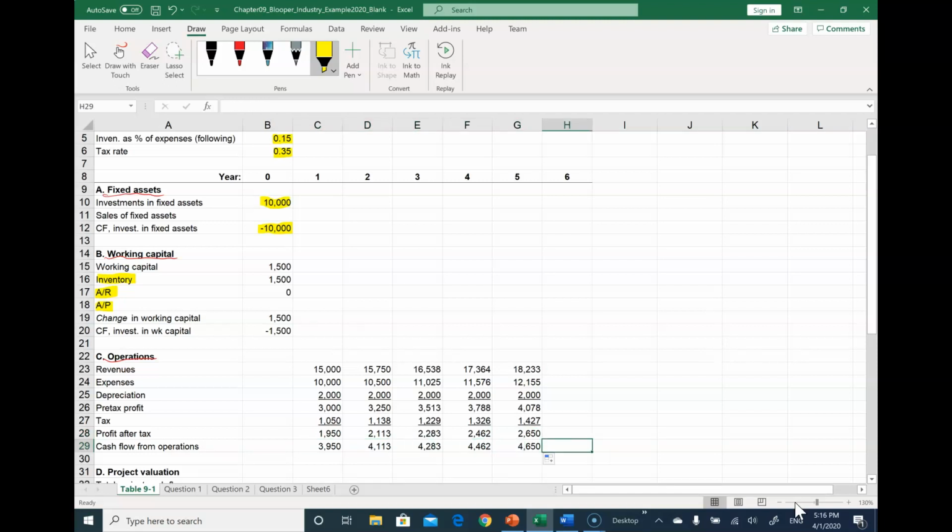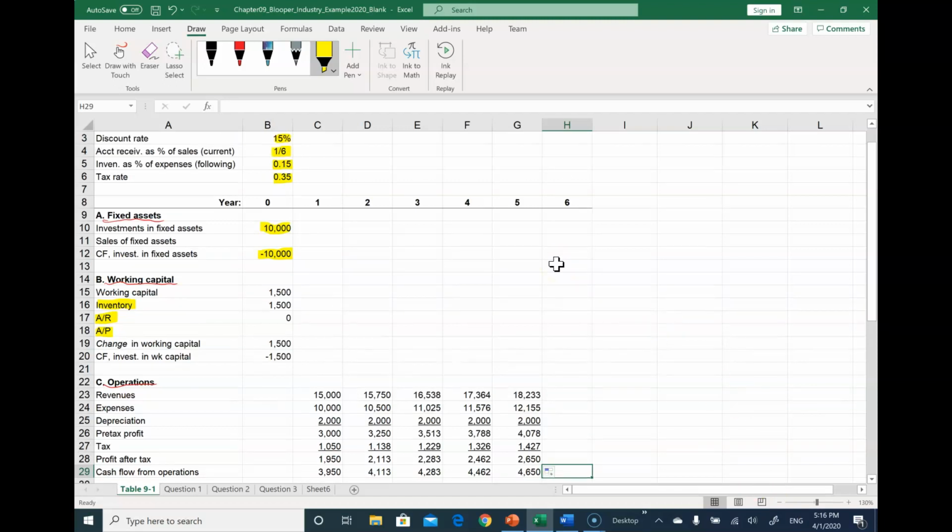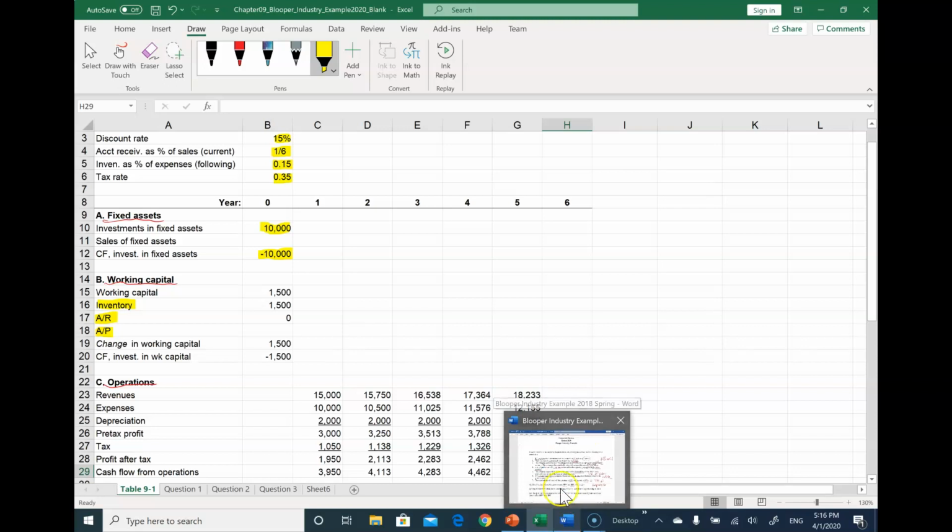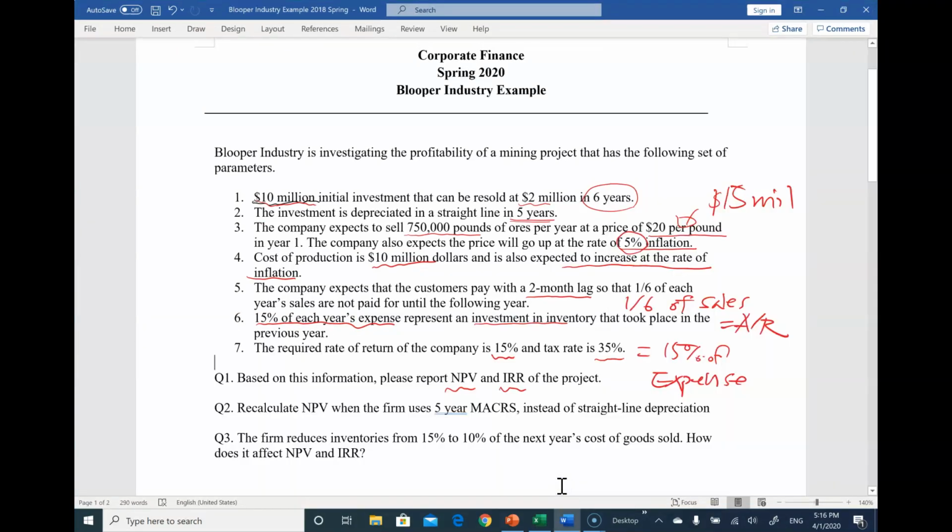Okay, but before we move on, there's one last thing that we need to talk about, which is the salvage value. So when we go back to the document, the question says that there was a $10 million initial investment, but when the project is over in year 6, the company will resell that machine at the price of $2 million, right?